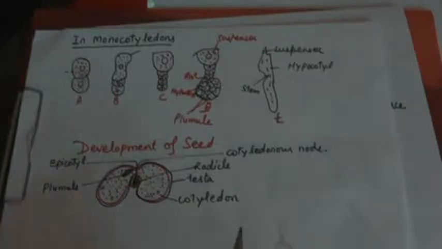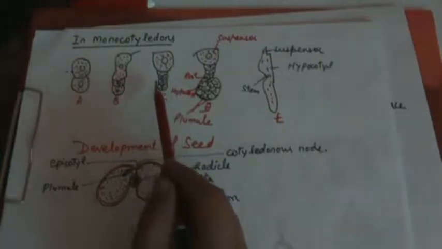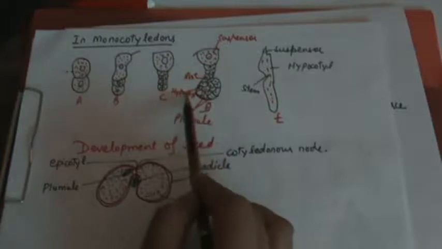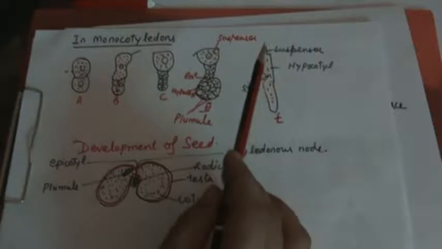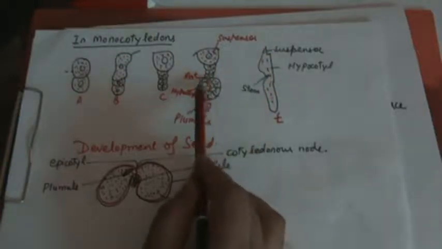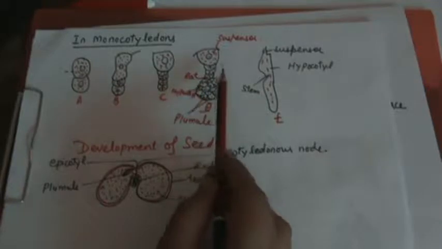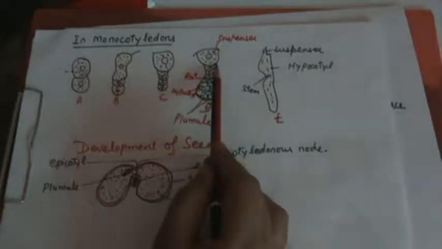Students, next is the development of monocotyledonous seeds. Early phases of embryogenesis in monocotyledonous seeds, up to the formation of the globular embryo, are very similar. All stages up to here are the same in monocotyledons and dicotyledons. In monocotyledons about 1/2 of the terminal cell derivatives function as root cell and stem cell.